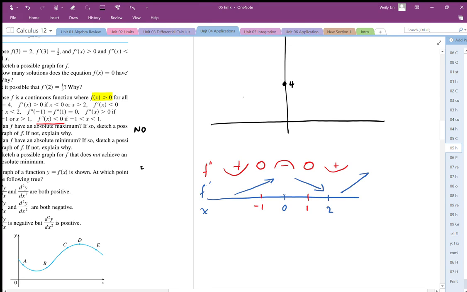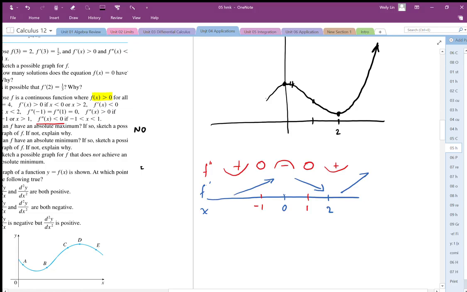We have a max, and at 2 we have a min, and then it's going to keep on going up through here. So there's our minimum point at 2, and we have our inflection point at 1.